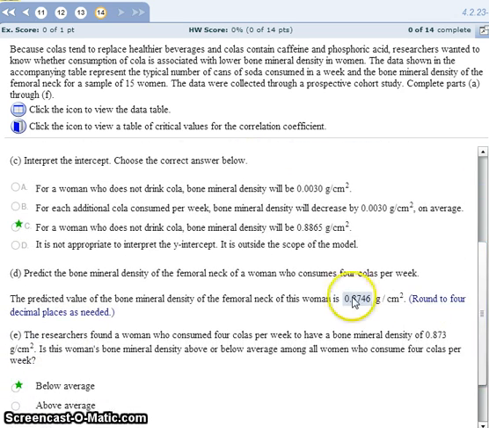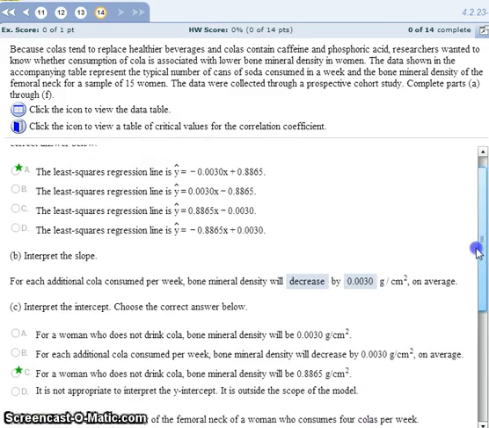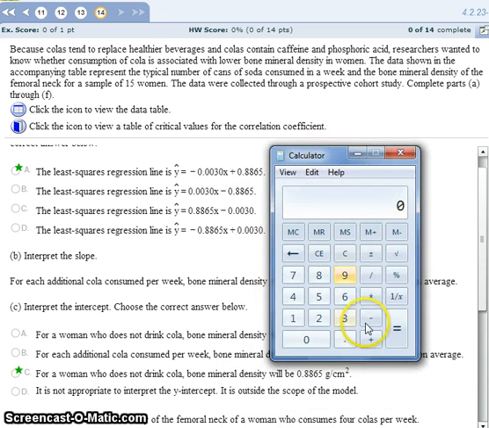And then let's predict it for someone with 4 colas per week. We can just use a calculator. You can use Excel or a handheld calculator, or I just have one on my computer here. So negative 0.003 times 4 colas per week, and then add 0.8865. And that's your predicted bone mineral density, 0.8745.